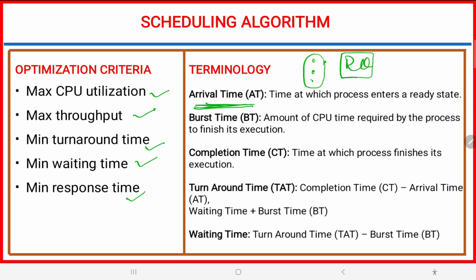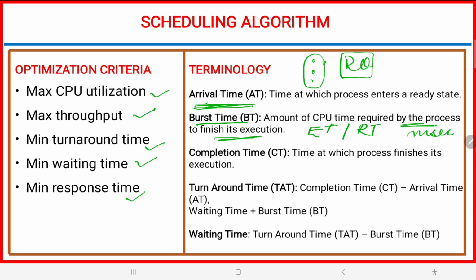Then the next important term over here is the burst time. As far as the burst time is concerned, it is also called execution time, as well as running time. So it is that amount of time for which a CPU is required by a process to complete its execution. Generally it is in milliseconds.